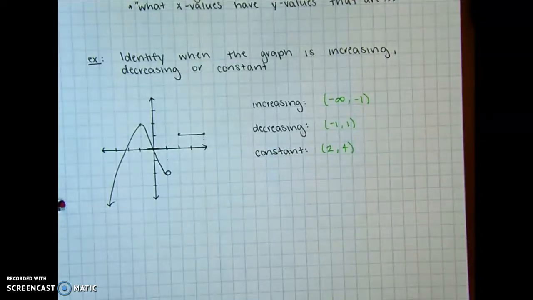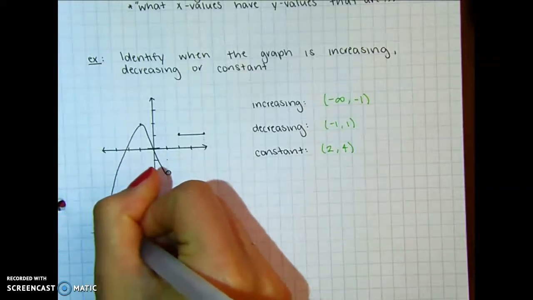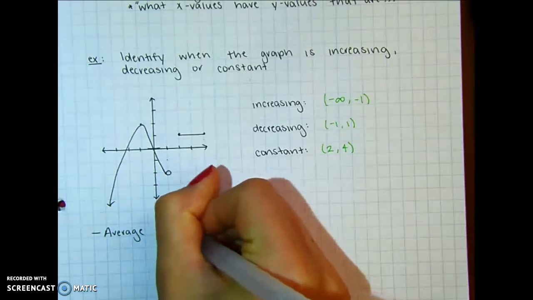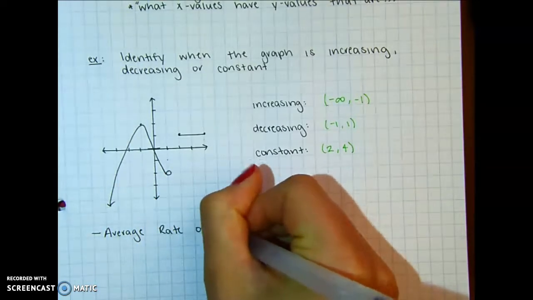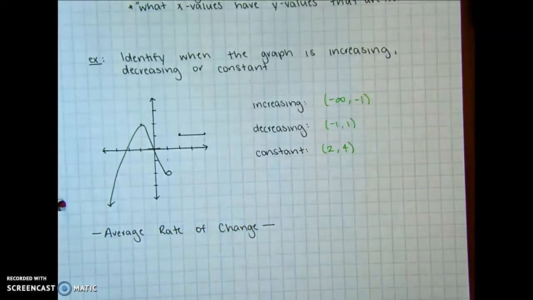Okay, the next thing we're going to talk about is the average rate of change, which we also talked about last year. Okay, so average rate of change is basically slope, right?